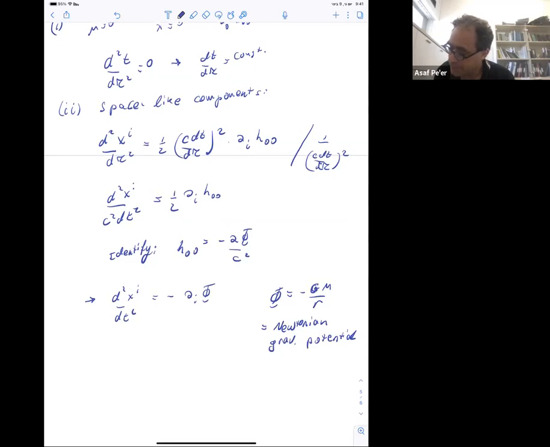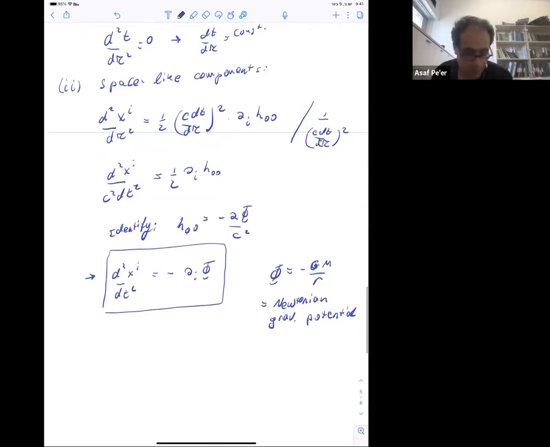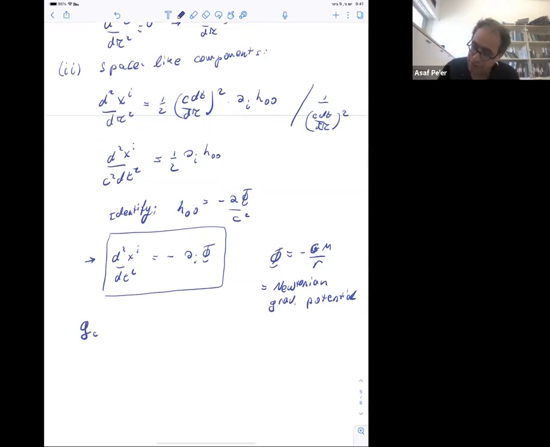Right? And that is the Newtonian equation of motion. So that means that we eventually wrote down G00 to be minus 1 plus 2 phi over c squared.